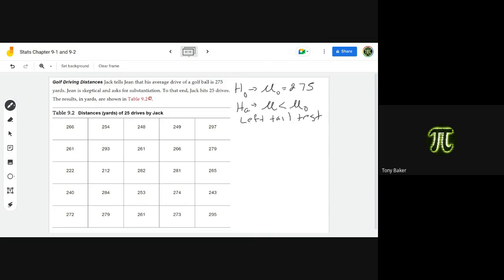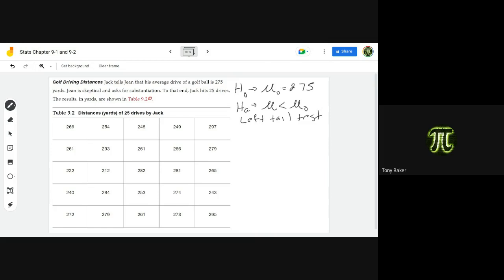All right. So if Jean is correct, what should happen with those 25 hits? It should average up pretty close to that 275, right?